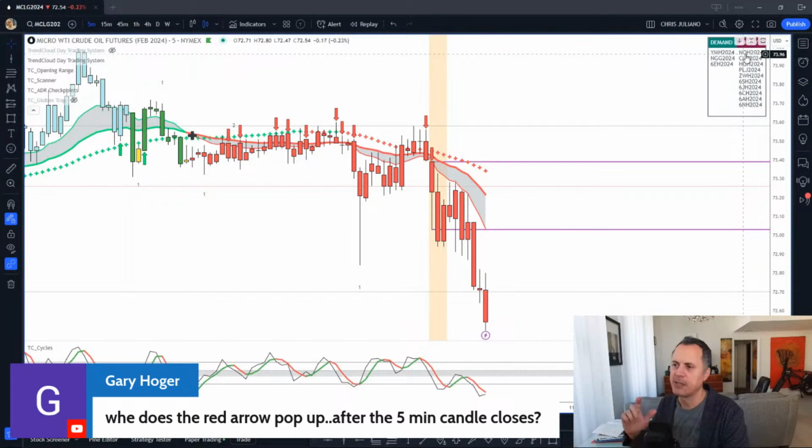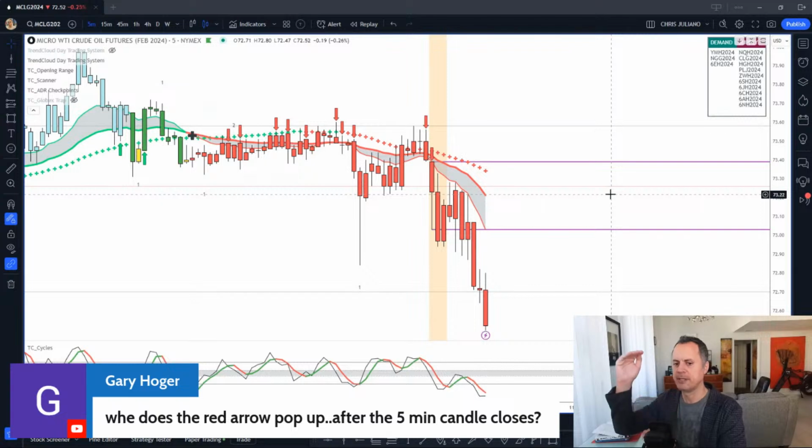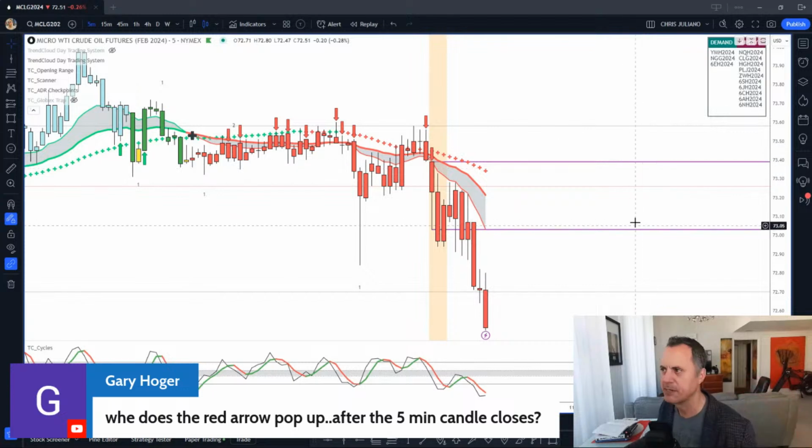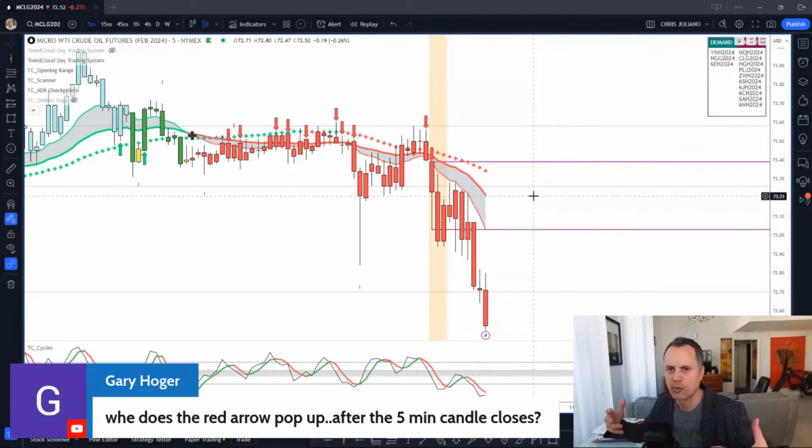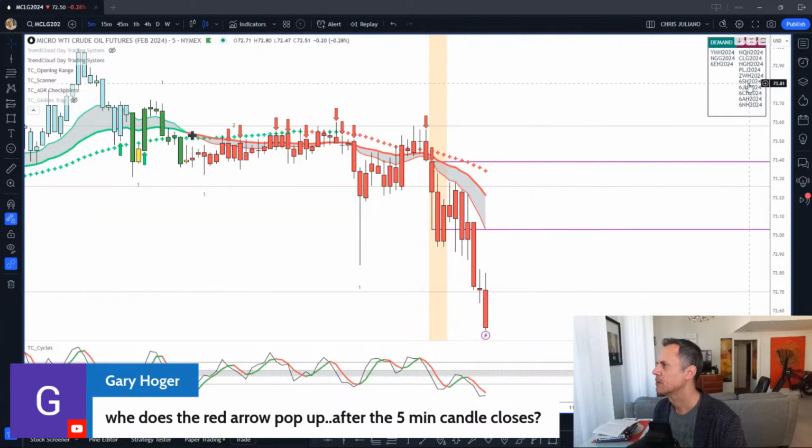That's the algorithm deciding where it's at that moment in time, right? Because these are just mathematical equations. They can only do what they're programmed to do, and as they're moving, it's going up and down within that candle until it closes, and then it has a definite coordinate to work with. Okay.